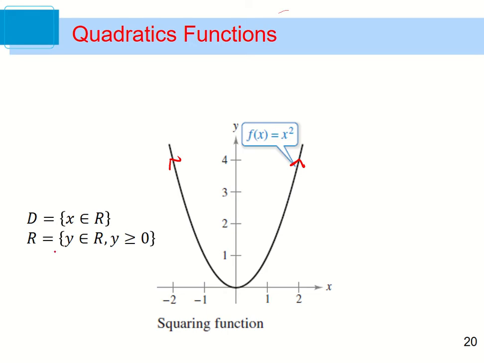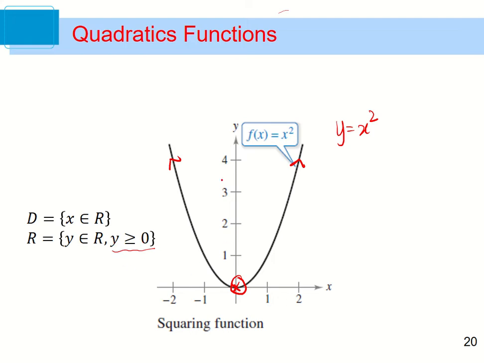Now, how about the range? If we have the basic function y equals to x squared, this is the lowest value. So the minimum value is always here, and this is 0. So the range should be greater than 0.